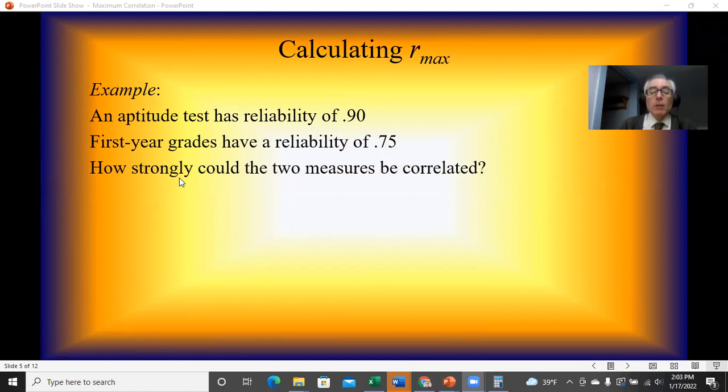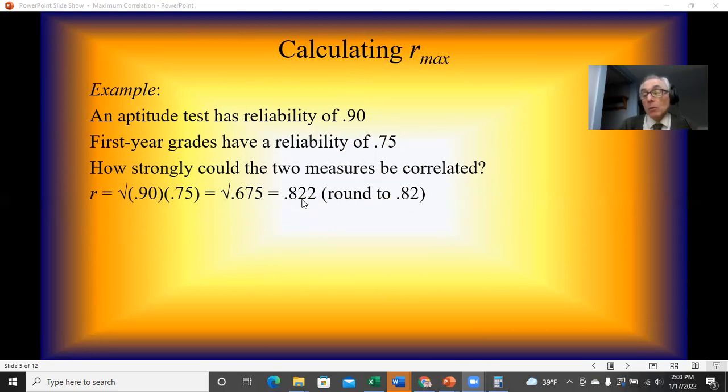Well, how strongly is it possible for such an aptitude test to correlate with such an outcome? Well, that's the square root of the product, 0.9 times 0.75. Multiply those numbers and we get 0.675, and the square root of that is 0.822. So we would say 0.82.